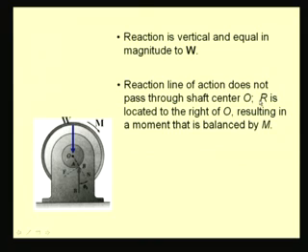Here, R is located to the right of O because the axle tends to climb in this direction. If the wheel is rotating in the other direction, that is, if the applied moment was counterclockwise, then the wheel will climb in the other direction, and so this point of contact B will be to the left of O, but in this case it is located to the right of O. This results in a moment, which is balanced by this applied moment.